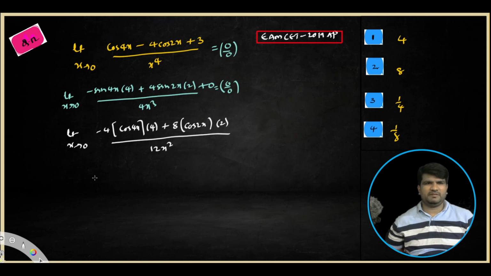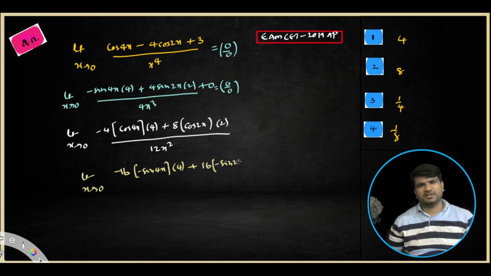Now again differentiate with respect to x, limit x tends to 0: differentiation of cos is minus sin, so minus sin 4x into 4, and for the second term, 8 2s are 16, differentiation of cos 2x is minus sin 2x into 2, divided by the differentiation of 12x square, 24x.